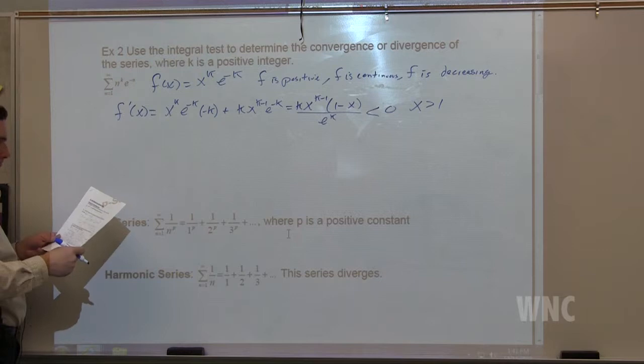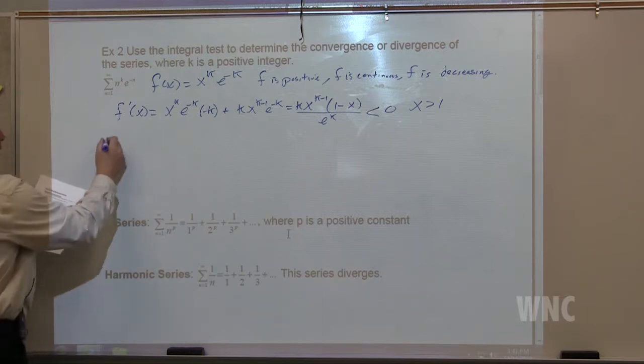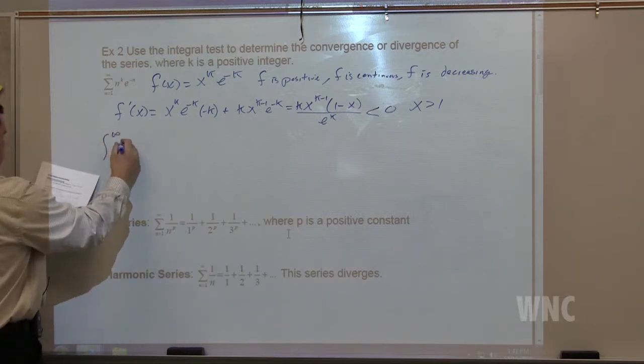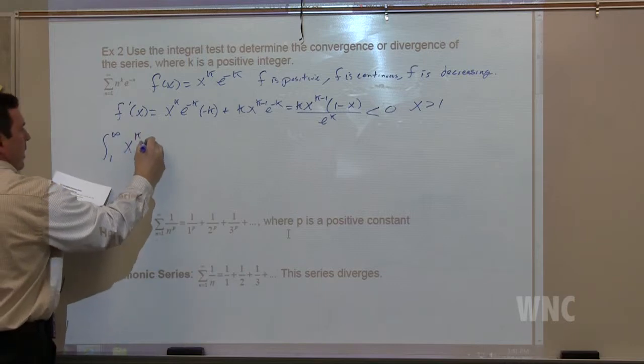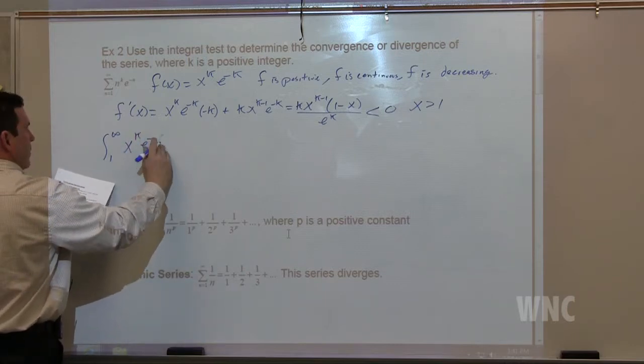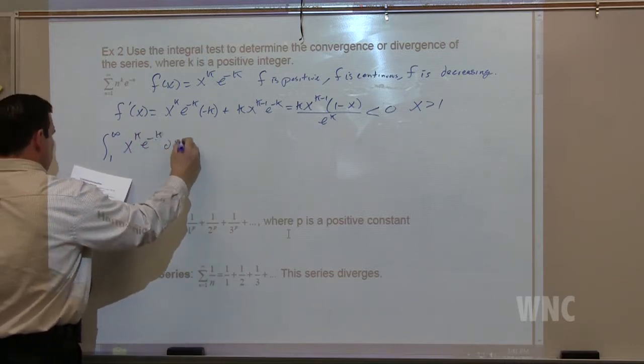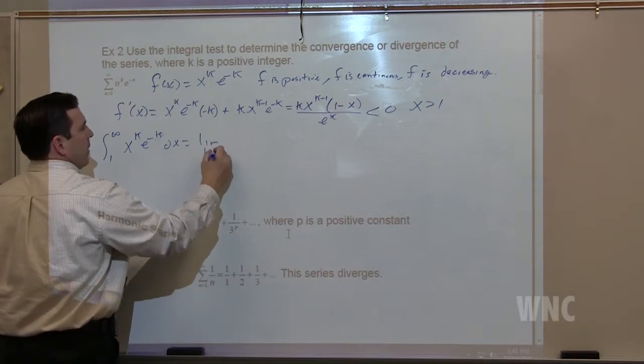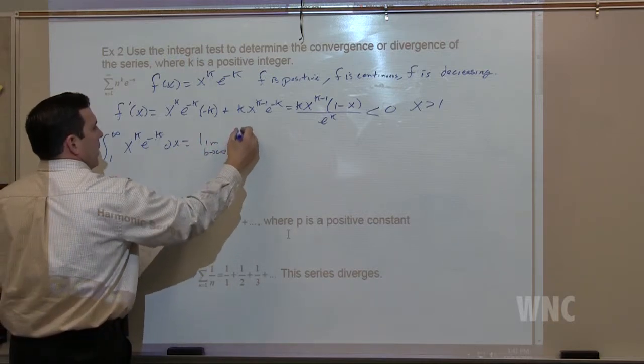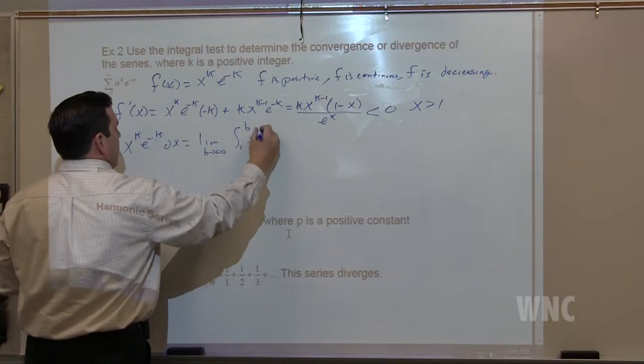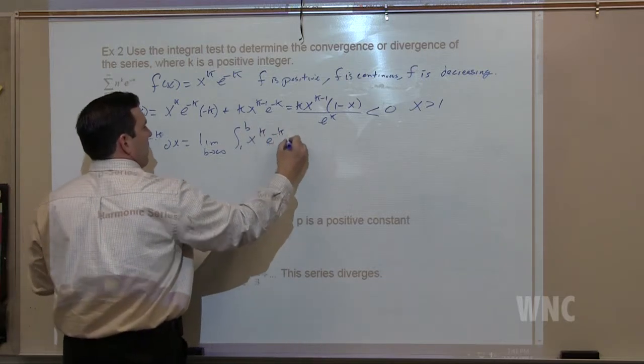Okay, so we take the integral from 1 to infinity of x to the k e to the negative k x dx. That's the limit as b goes to infinity of the integral from 1 to b of x to the k e to the negative k x dx.